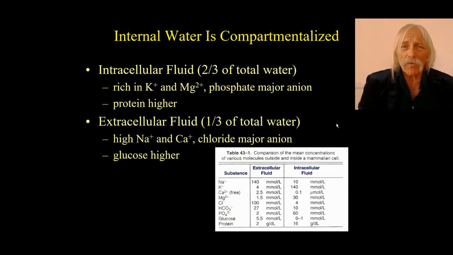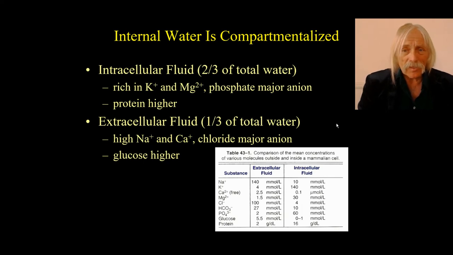That's about 1/3 of the total water in a given organism, particularly thinking about an animal. Extracellular fluid is high in sodium and calcium. And the major anion extracellularly is, of course, chloride, Cl-. And typically glucose concentrations are higher extracellular rather than intracellular.